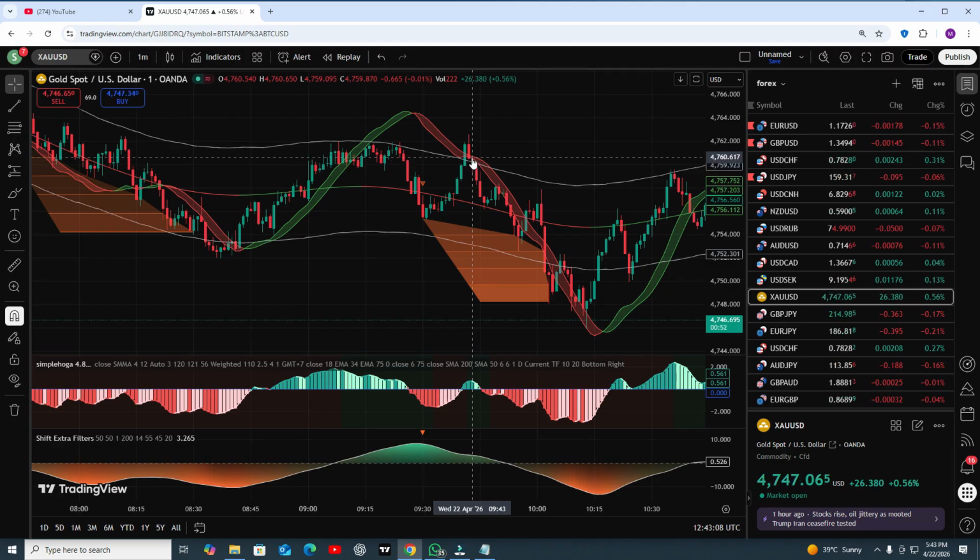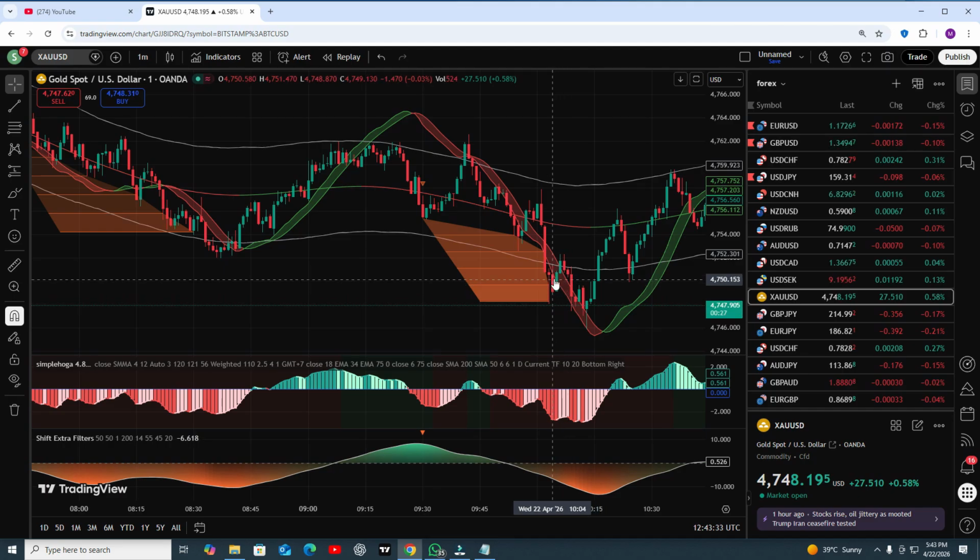So this is your perfectly awesome and perfect trade. RSI is green at this candle. The histogram is going to be red at this candle. So this is your sell position, and this is your take profit.